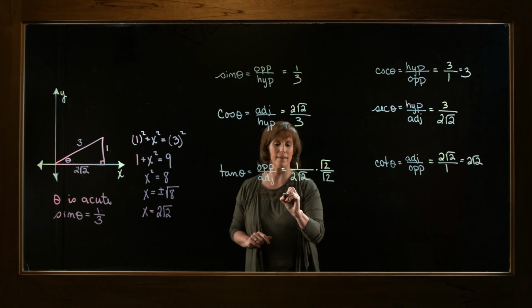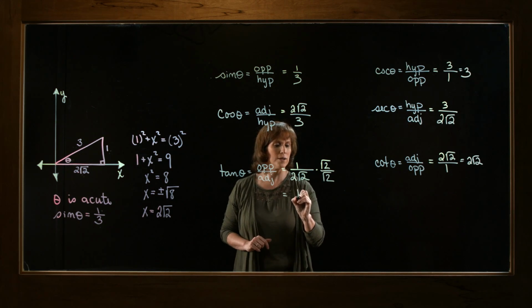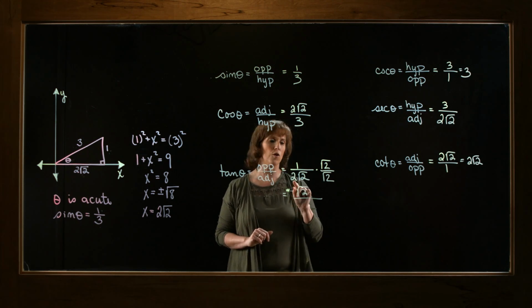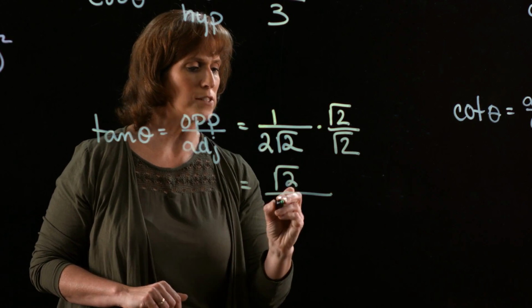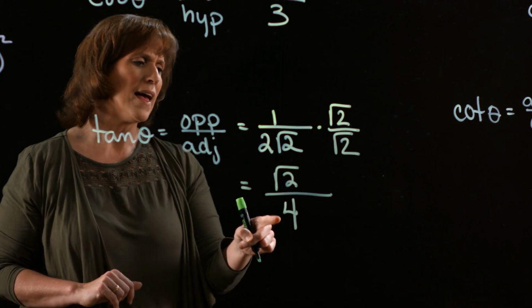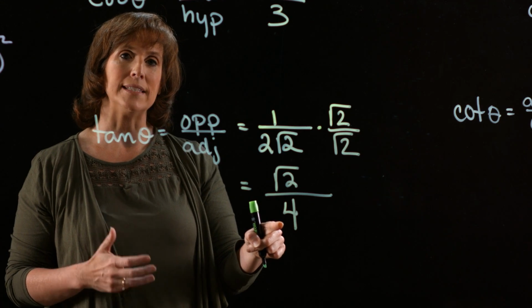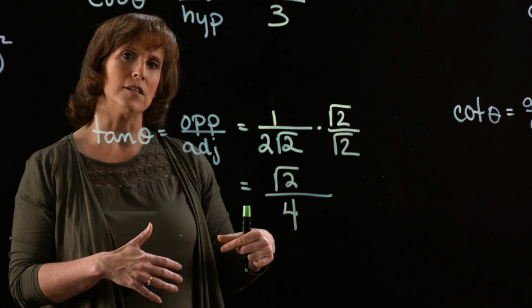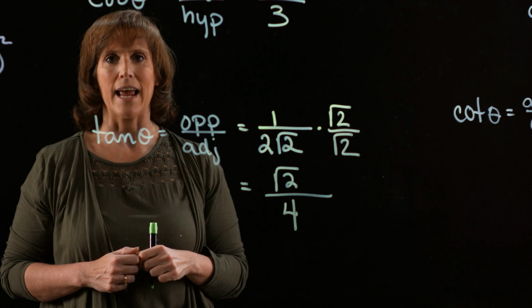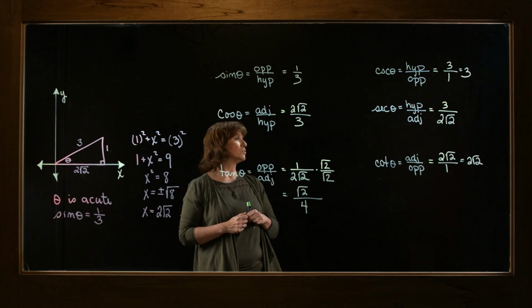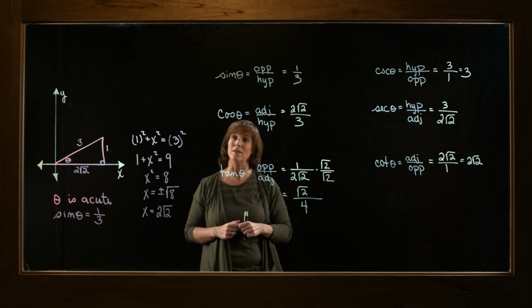If you multiply these two fractions together, you're going to get the square root of 2 all over 2 times the square root of 2 times the square root of 2. That's going to give you a total of 4. That's just another way of writing the tangent where there are no radicals in the denominator. Both are correct. It's just a different way of expressing the answer. And you'll notice that you'll be able to do the same thing with the secant if you like.